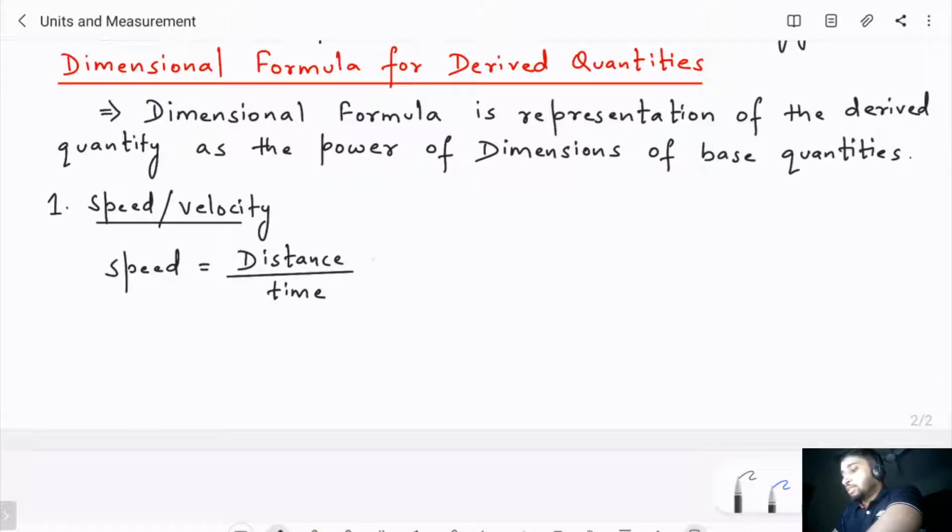Distance is basically length, and time is time itself.